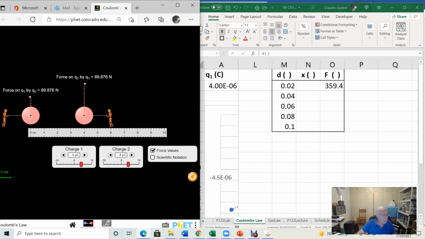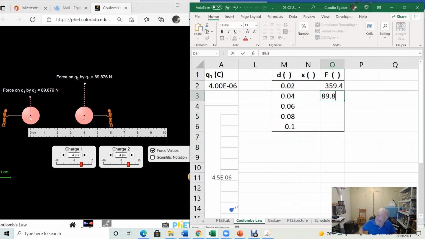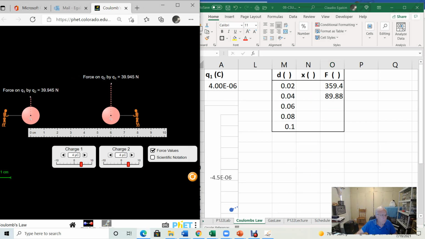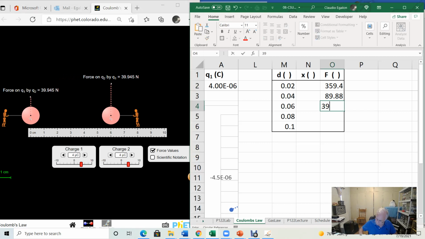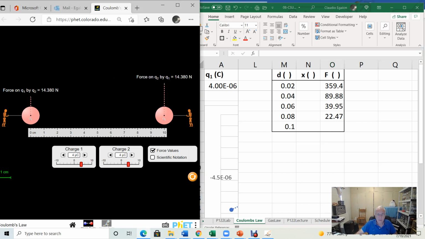You go 89,876. 6 centimeters. 39,945. That's good. Next is 8 centimeters. 22,469.4 newtons. And the last one, 14,380.